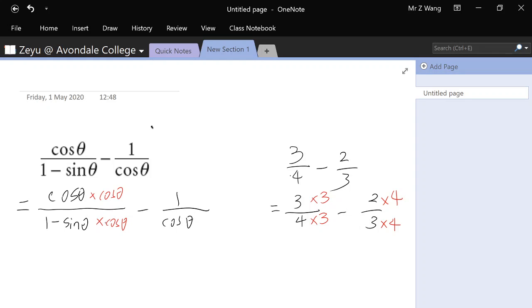Be careful here: when you multiply this by cosine theta, you have to add a bracket. Otherwise, you're only timesing the sine theta by the cosine theta, and you're ignoring the 1, which you don't want to do. And here, the same thing. You multiply by the other denominator, 1 minus sine theta.